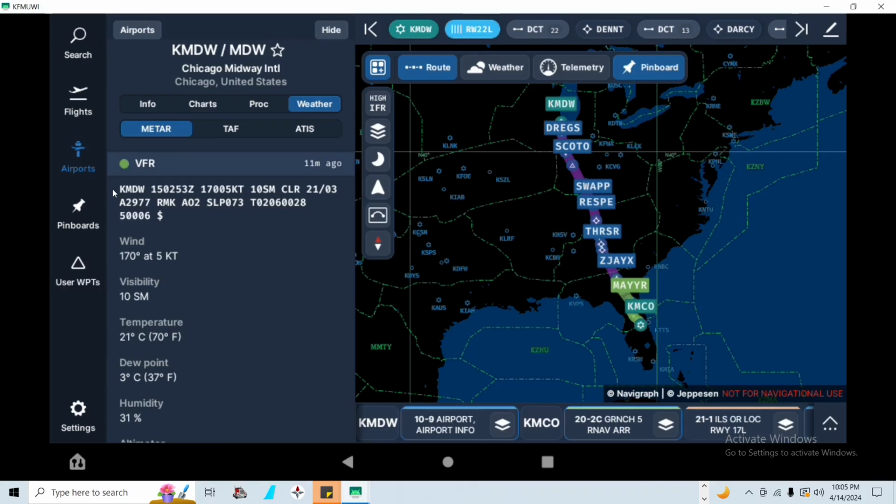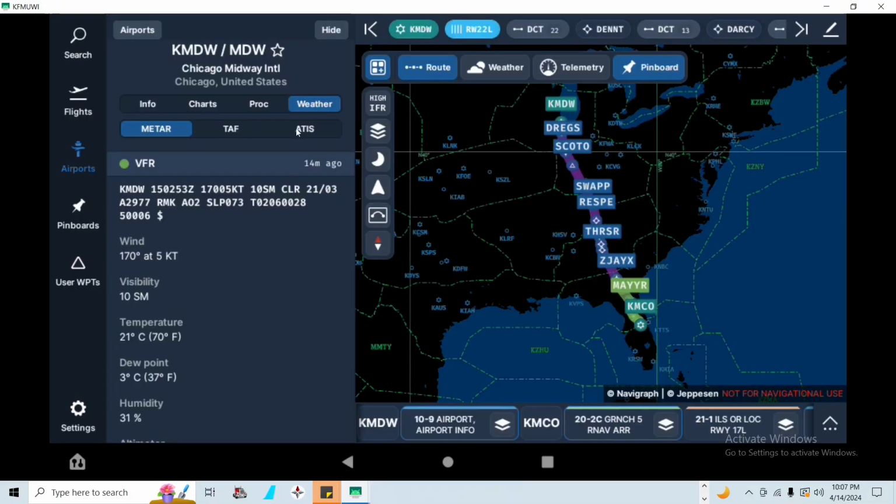That stands for RA, rain, B, begin at 09 minutes after the hour, and E, end, 27. So it ended 27 minutes after the hour. Let's say it was 1 o'clock in the afternoon. 1:09 is when the rain began, and 1:27 is when the rain ended.